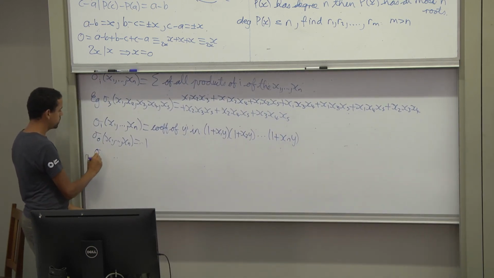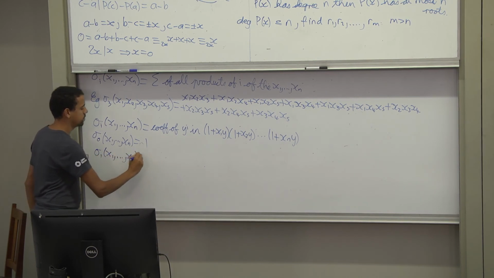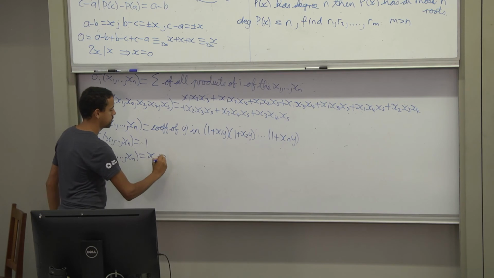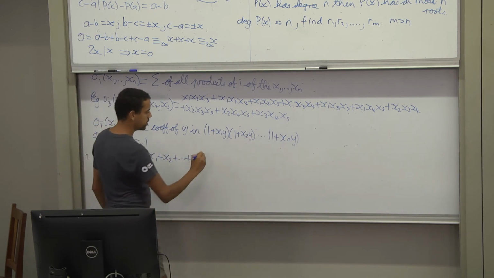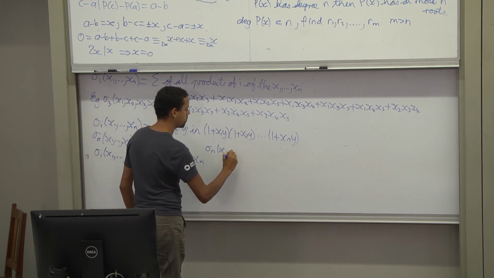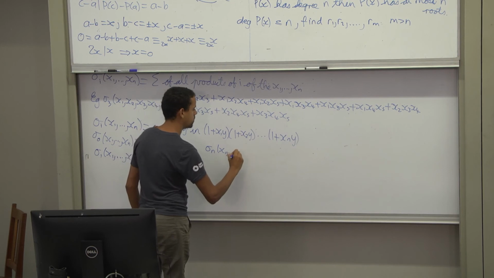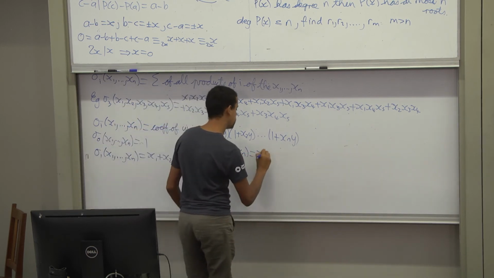Other special cases, what is sigma 1? Wouldn't it be the sum of all of those? Yep, you just add all of them together. And sigma n of x1 to xn, that would be the product of all of them.